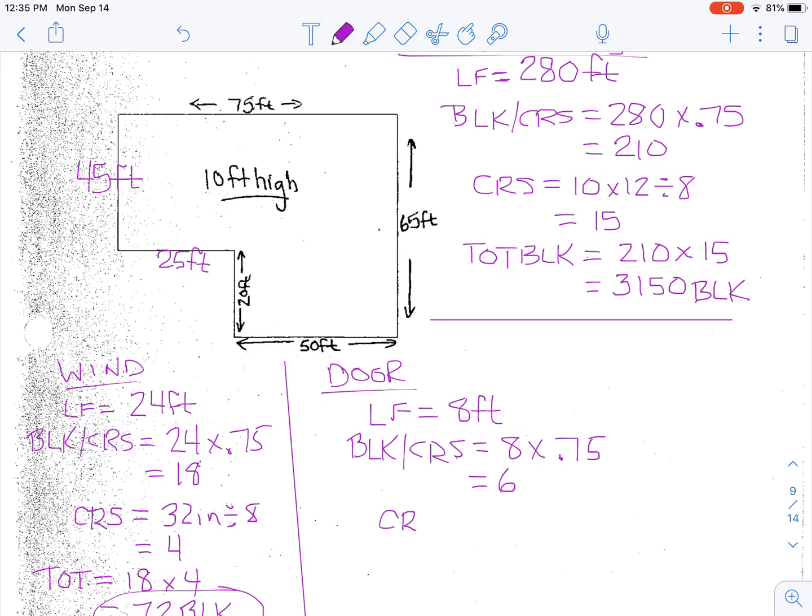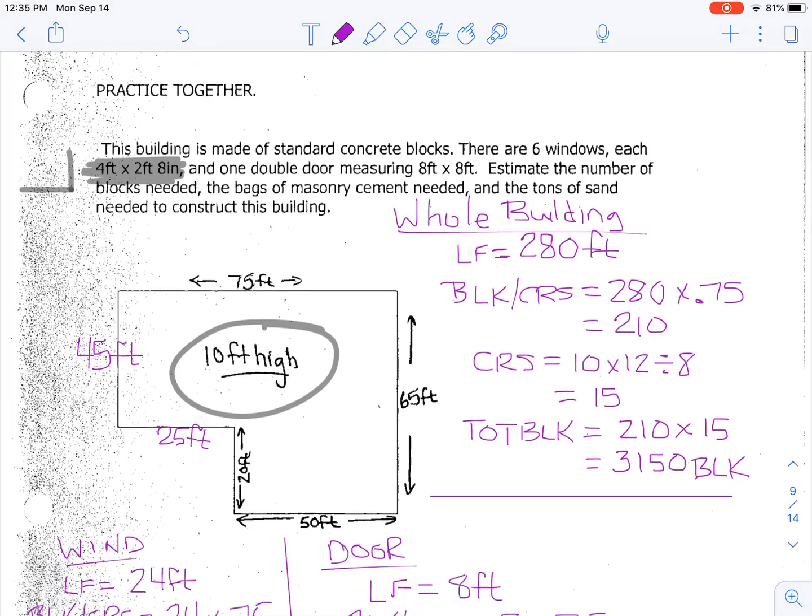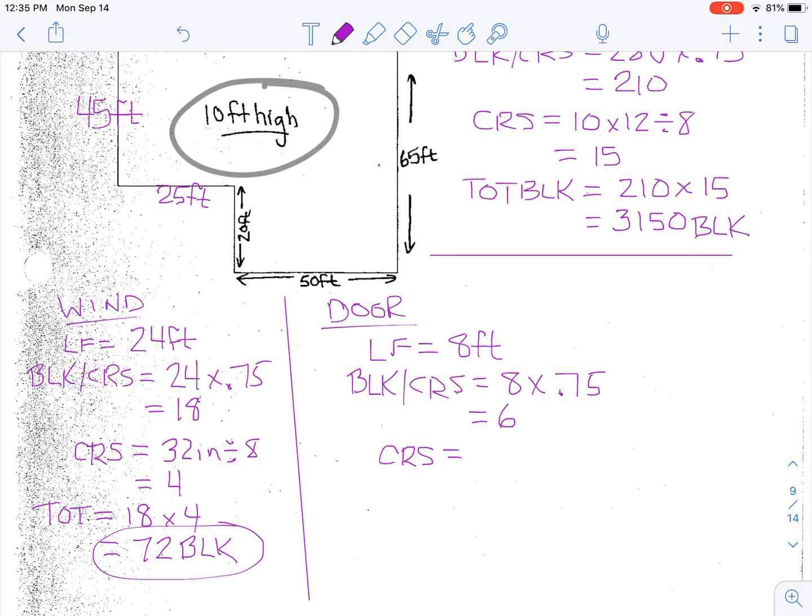Now we do our next step and we say the number of courses. So not the structure, but the door. How high is the door? The door is 8 feet high. So if we turn 8 feet into inches, it'll be 96 inches. And we're dividing by 8.